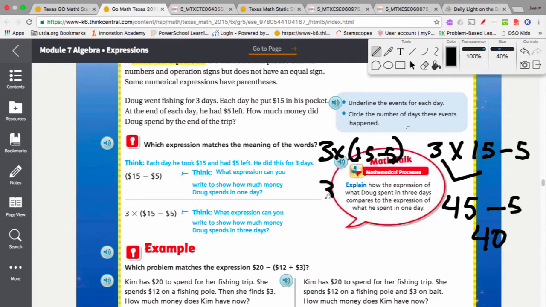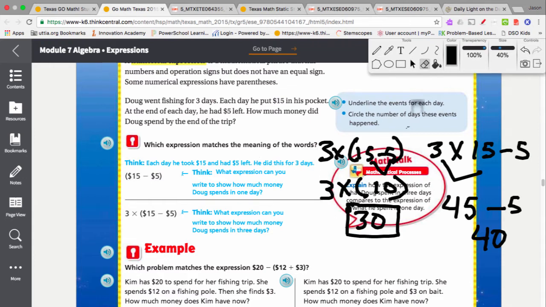And we solve that this way by saying 15 minus 5 is 10, and 3 times 10 is 30. So this is correct because we follow the order of the grouping symbols. We do things in the right order. Parentheses first, then we multiply.